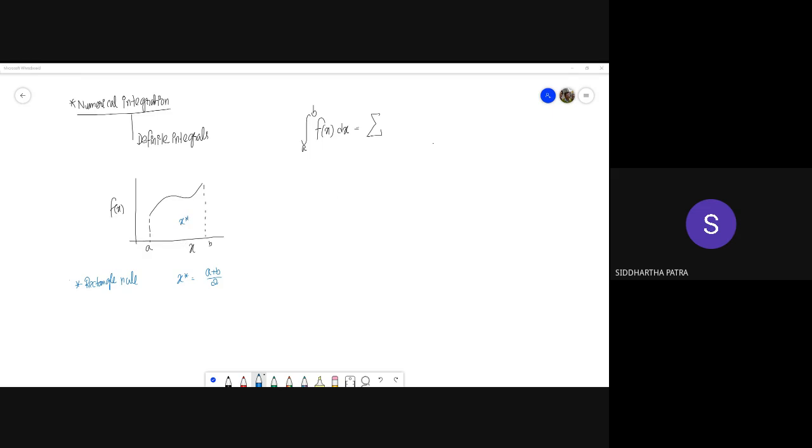For example, if we are evaluating a gamma function, you can write it to be the integral. Once you integrate this, then you get gamma of z.